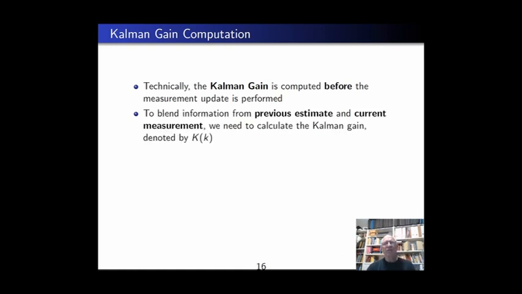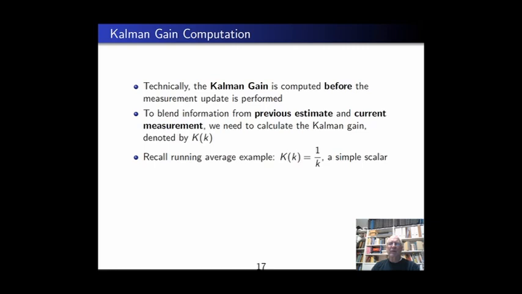We do this in order to blend the information from the previous estimate and the current measurement. We use capital K to denote the Kalman gain, and it's typically a matrix. And the little k in parentheses indicates the step that we're dealing with.